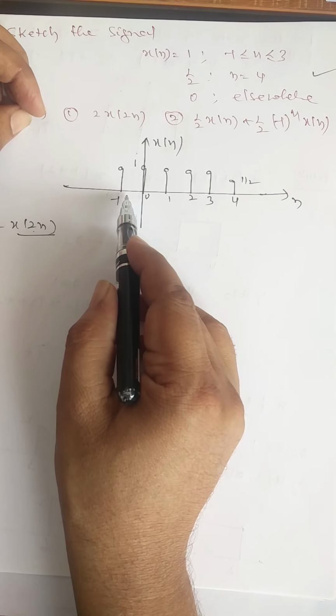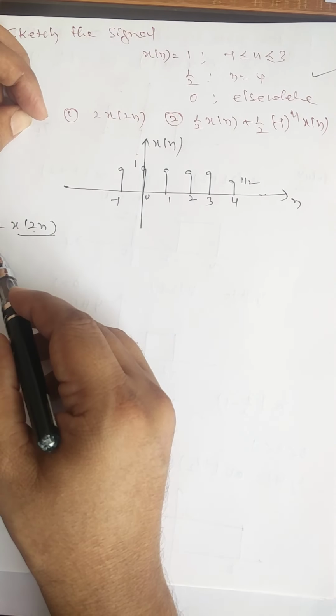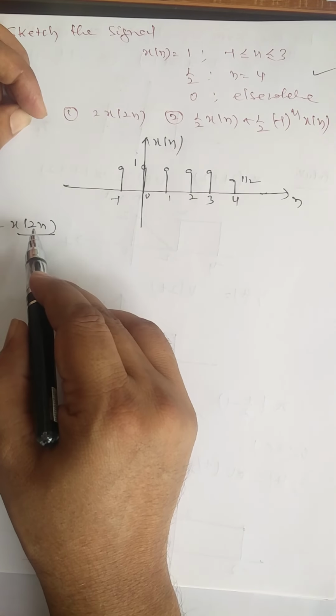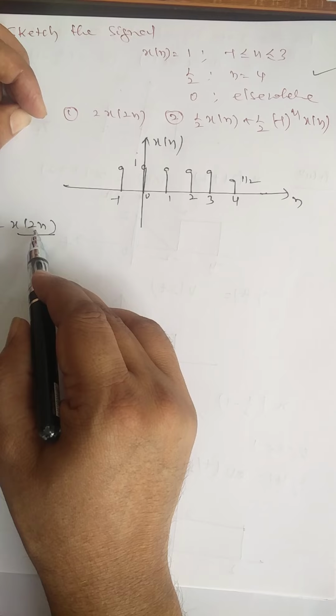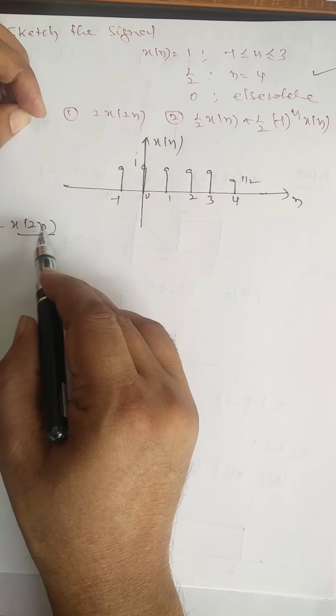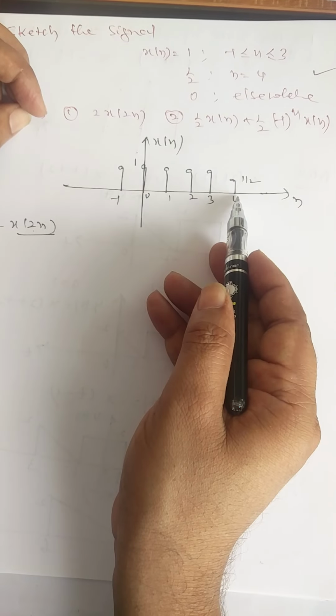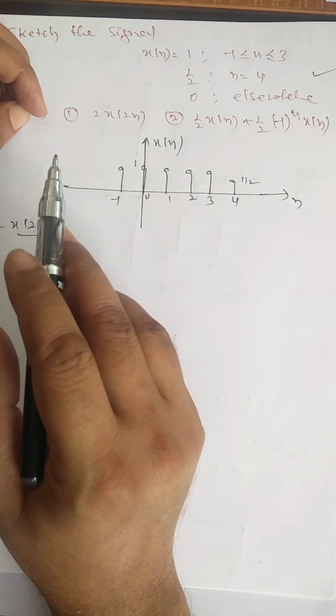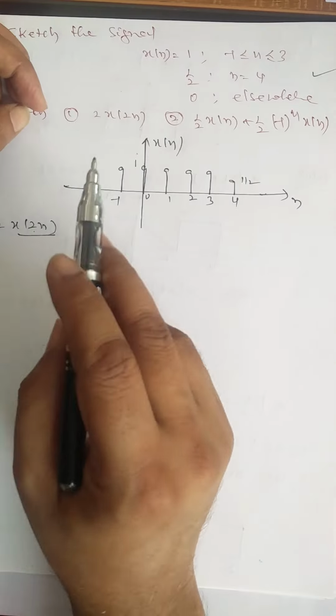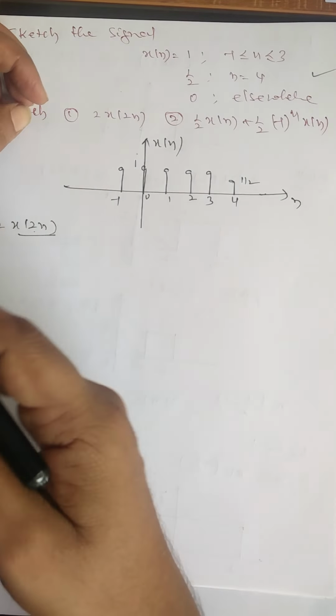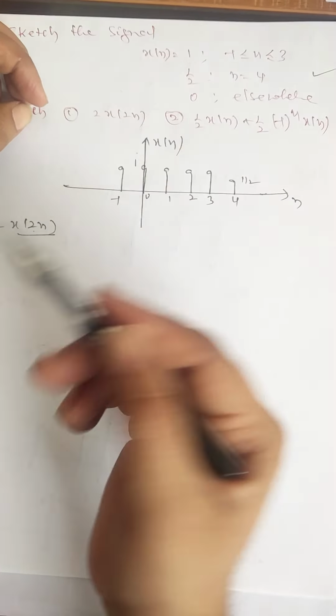Since the scaling factor is greater than 1, the signal will be compressed, so divide the time axis by 2. We should know that a discrete time signal exists only at regular time intervals 0, plus 1, minus 1, plus 2, minus 2, like that.